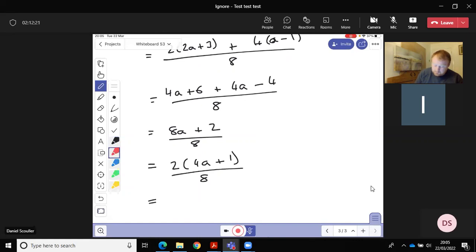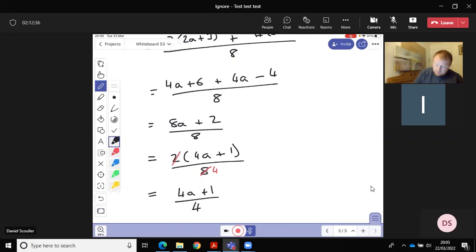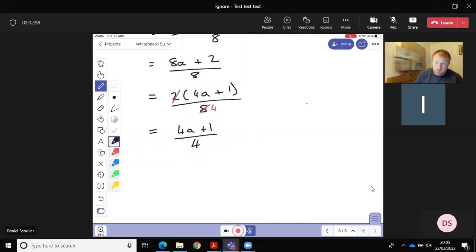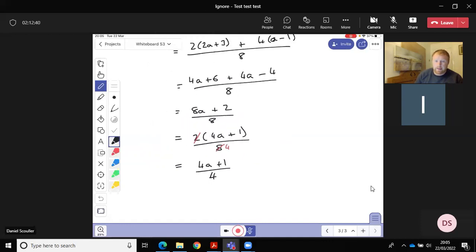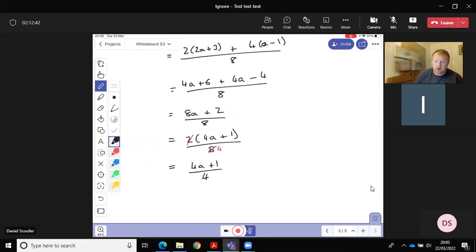That goes into that once, goes into that 4 times. So we're left with 4a plus 1 over 4. Okay, so we're just tidying that up.